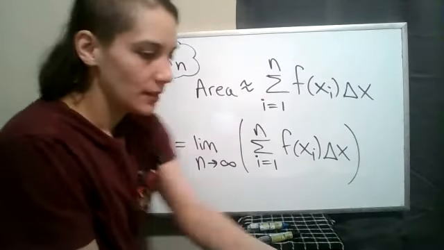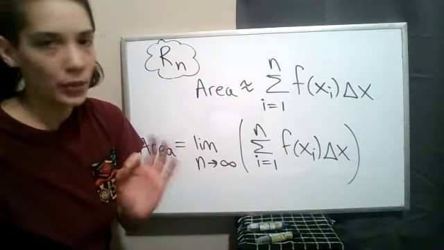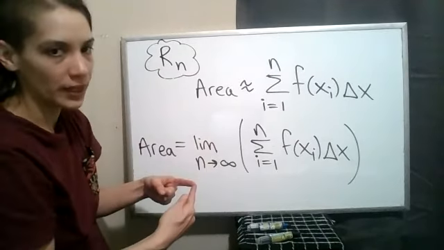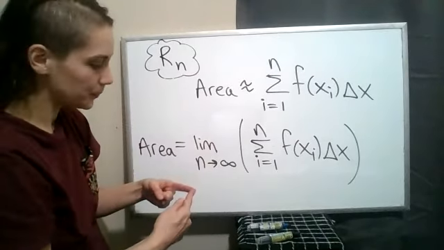So the next part I want to write is to have it for any kind of endpoint that you use. So if you pick your right endpoint, your left endpoint, or a midpoint, we're going to call that, what does the book call it?